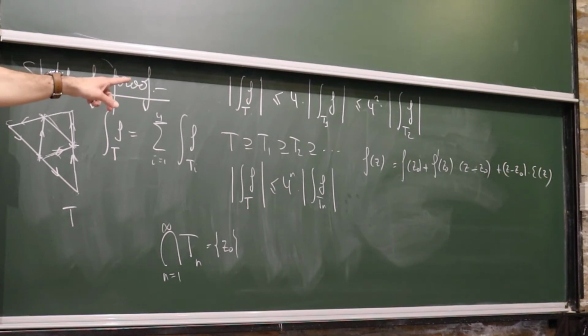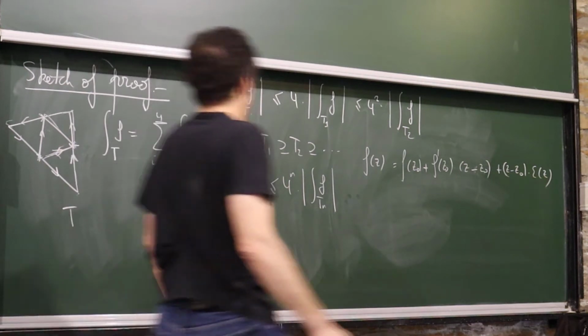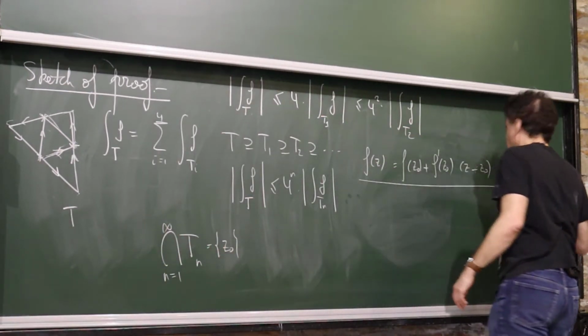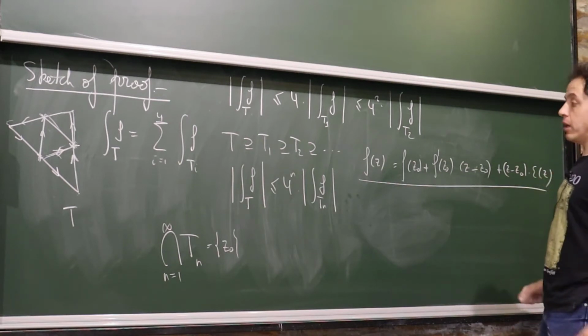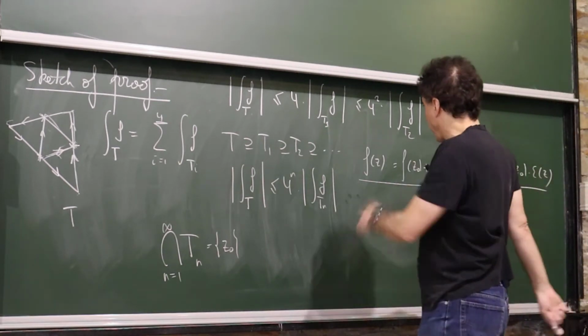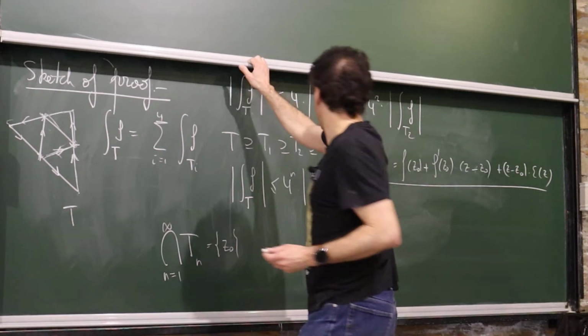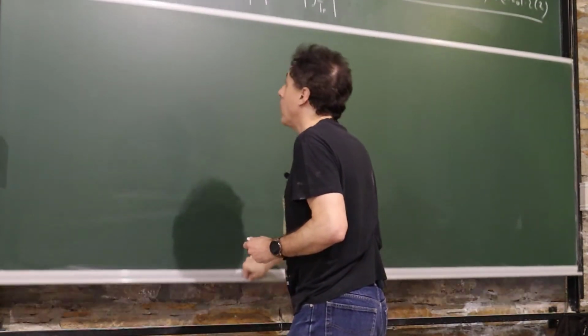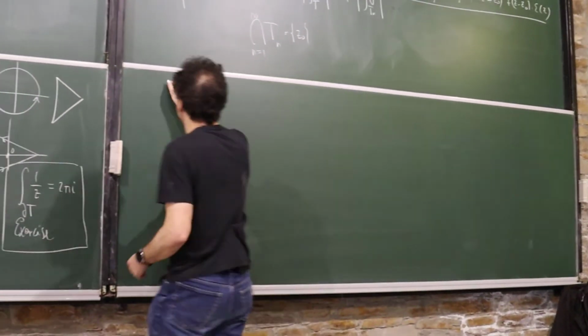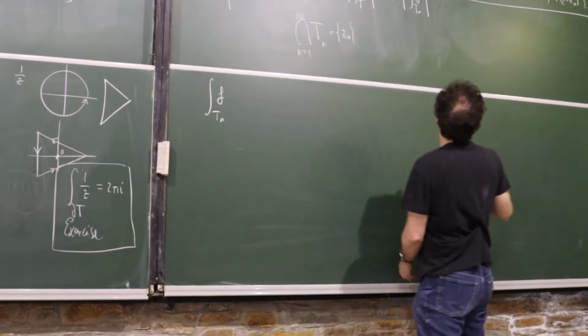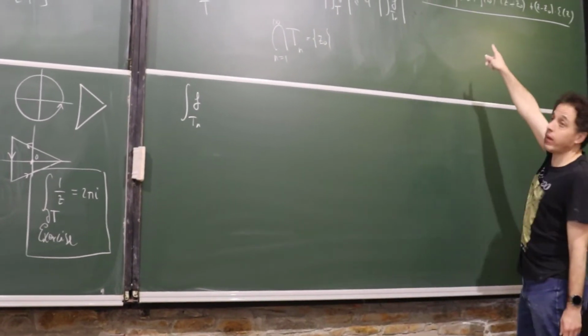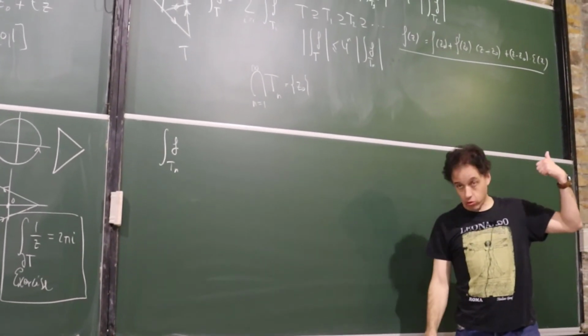Epsilon is a function that tends to 0 when z tends to z0, given that f is holomorphic at the point z0. Okay? So we have that. And the integral of f, continue here, the integral of f, remark that f(z0) is a constant. A constant has a primitive.